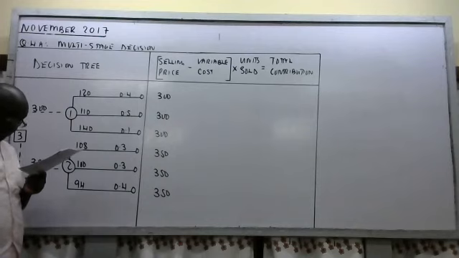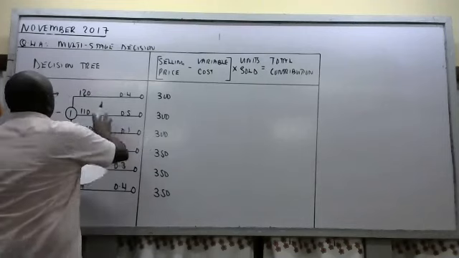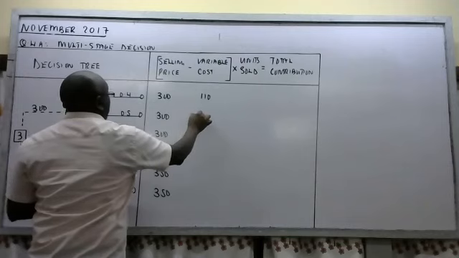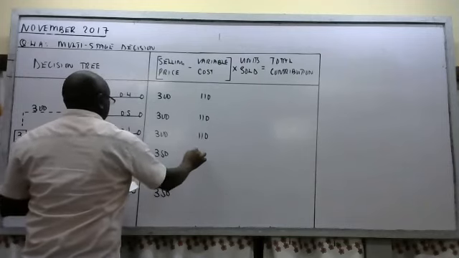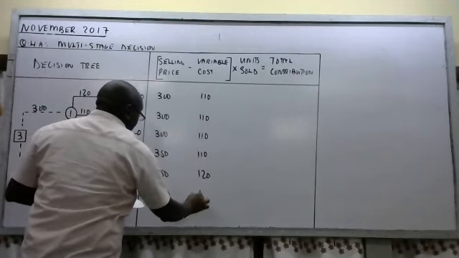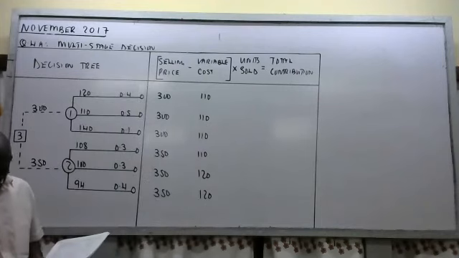But if you go beyond 100, it is 110. So this one then should be 110. This is also 110. This is also 110. This is 110, but this is 120 and 120.